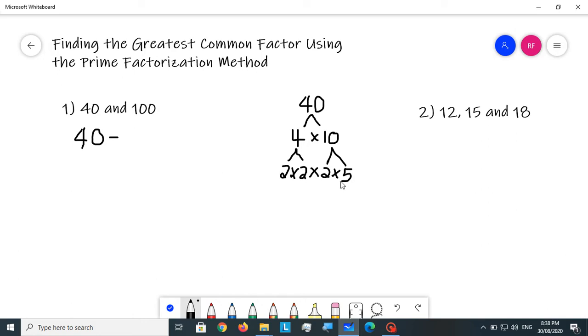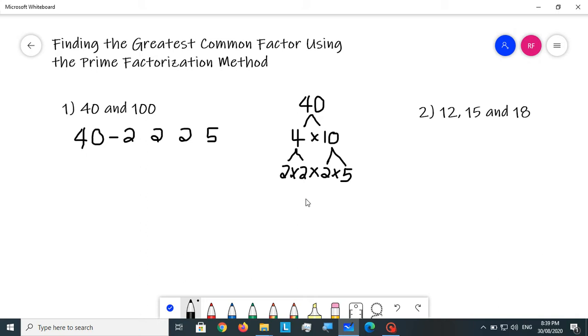Now all the factors are prime numbers. So I have 2, 2, 2, and 5. We're not going to write the multiplication here, just to save space, but of course, we know that these factors are multiplied.